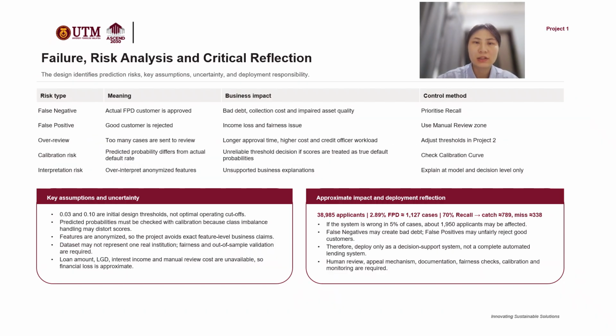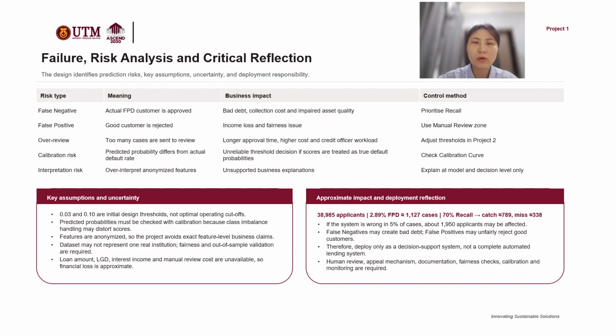This slide summarizes the main risks before implementation. The most serious risk is false negative, meaning an actual FPD customer is approved, and this may lead to bad debt. So recall is prioritized. False positive means a good customer is wrongly rejected, which may cause income loss and fairness issues, and manual review helps reduce this risk.